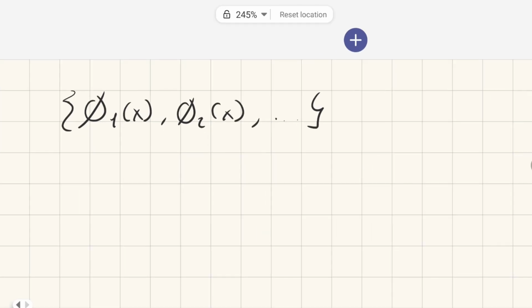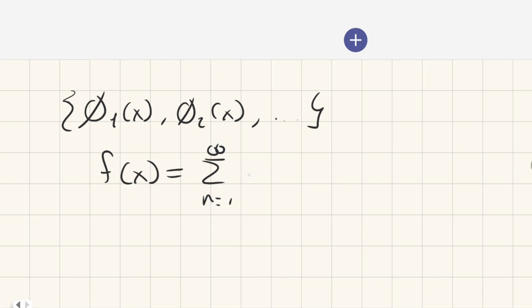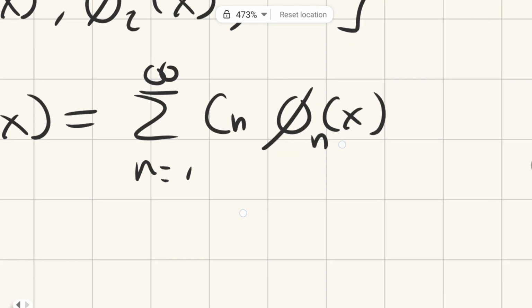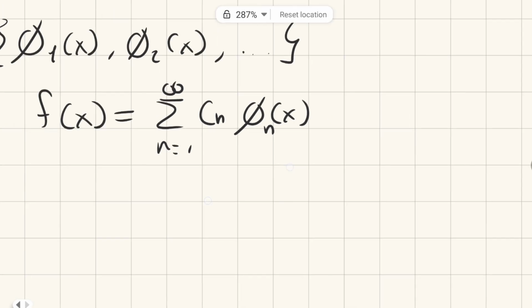We showed that if this set is orthogonal, then we can write a function f of x as an infinite linear combination of these functions. So we were worried about finding the coefficients of this linear combination.